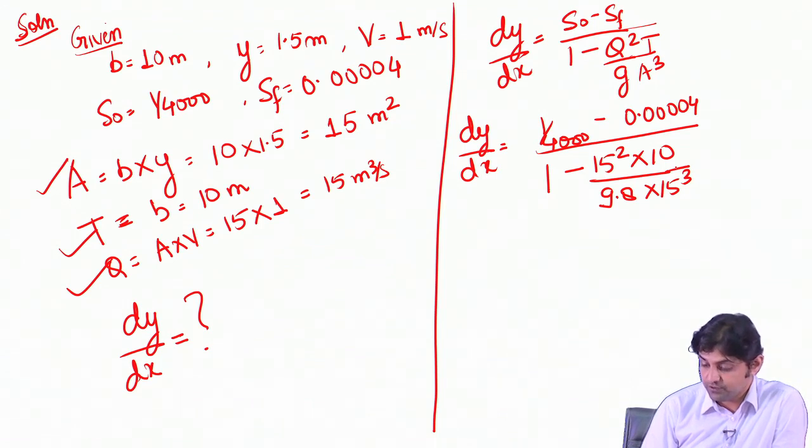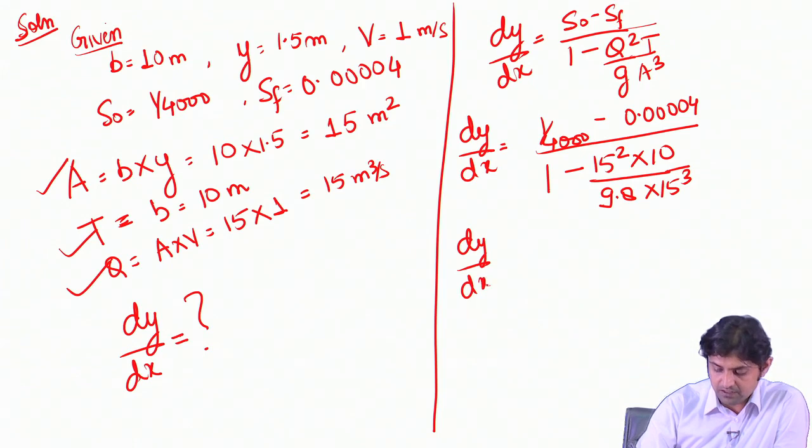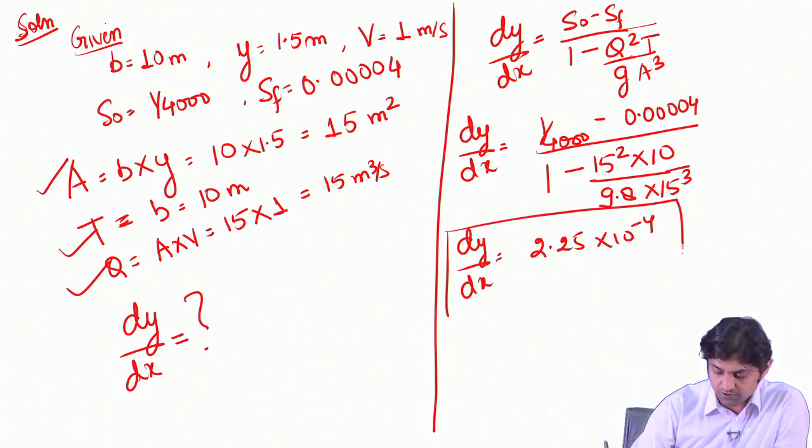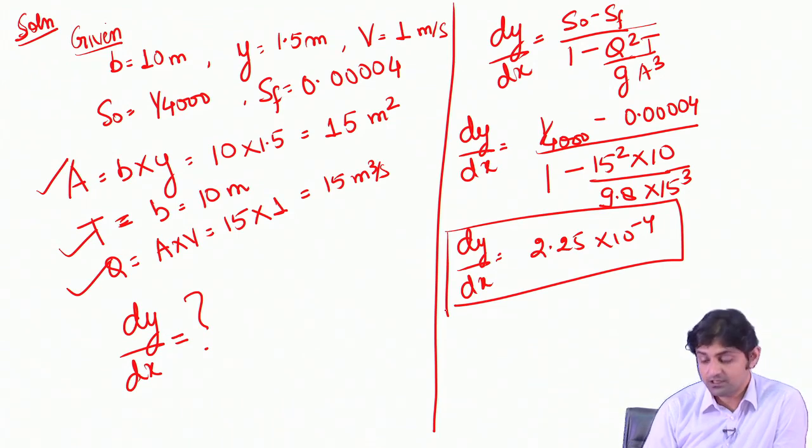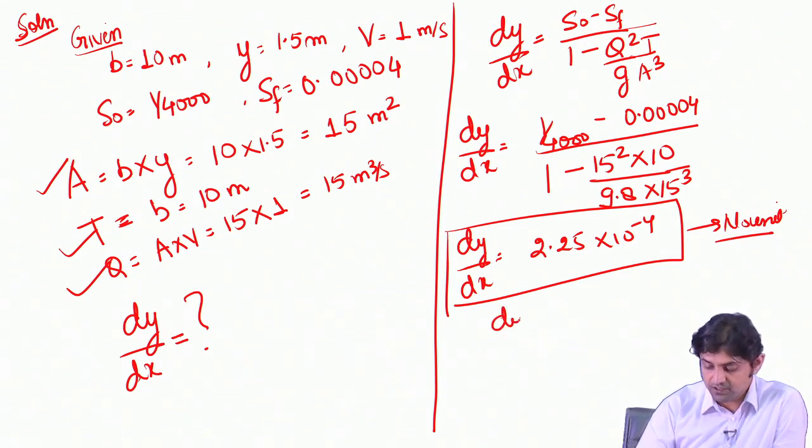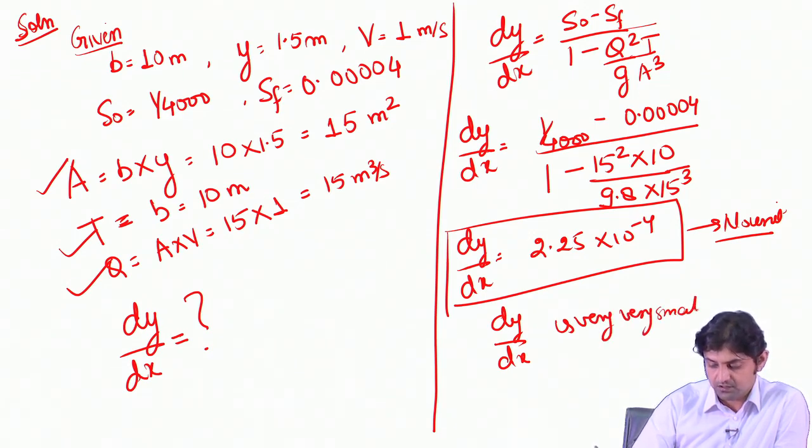If you calculate that, dy by dx will come out to be 2.25 into 10 to the power minus 4. Will this have any unit? No unit. If you see, the slope dy by dx is very small, much less than 1.